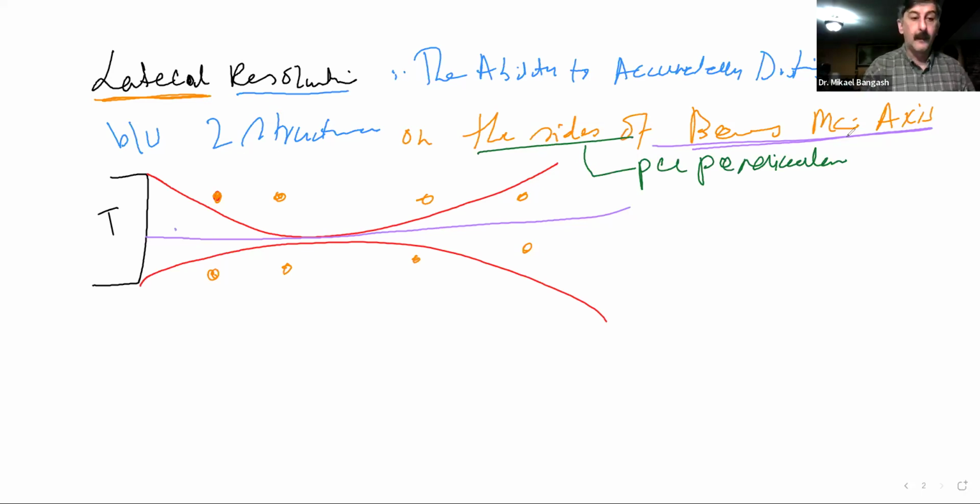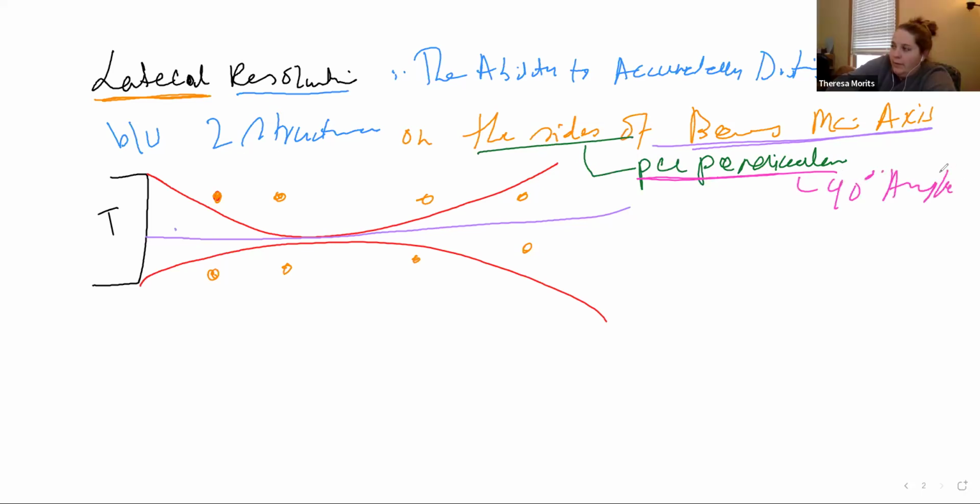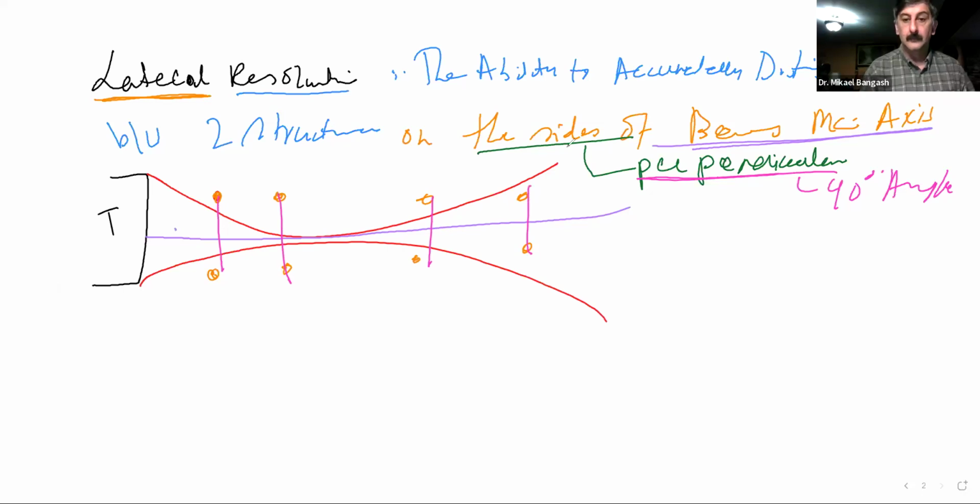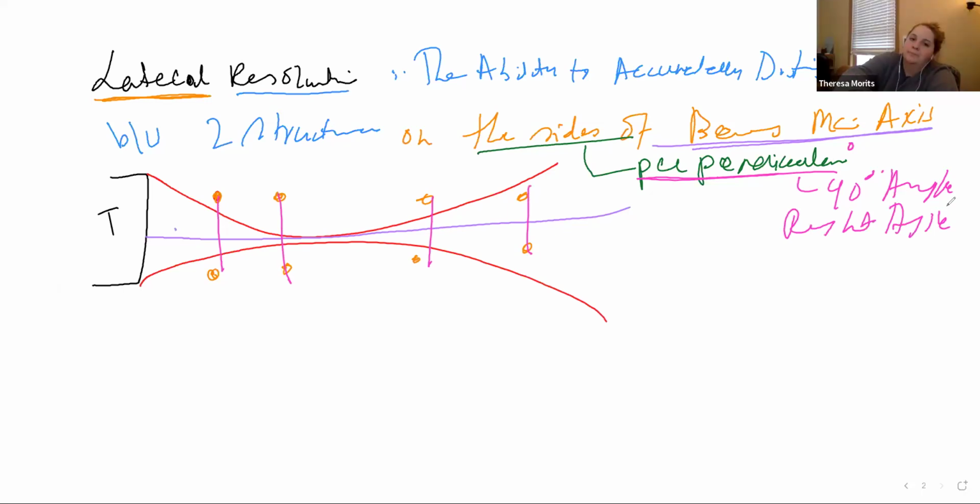And what does the word perpendicular mean? A perpendicular angle is what we call a 90-degree angle, or a right angle, right? Did that make sense? Good.